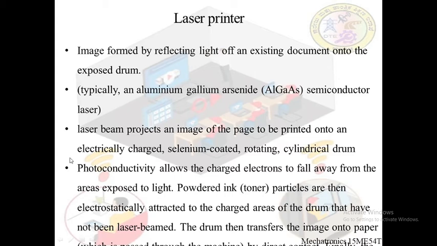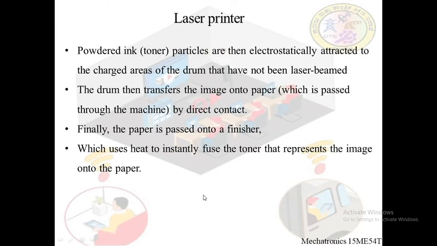The laser beam projects the image of the page to be printed. The drum is a coated rotating drum. It is called the photoconductor. The photoconductivity allows the charged electrons to fall away from the area exposed to the light, which we have seen. The powdered ink particles are electrostatically attracted to the charge.